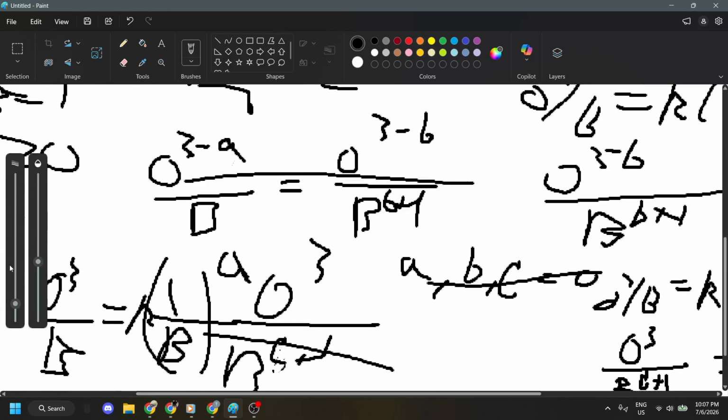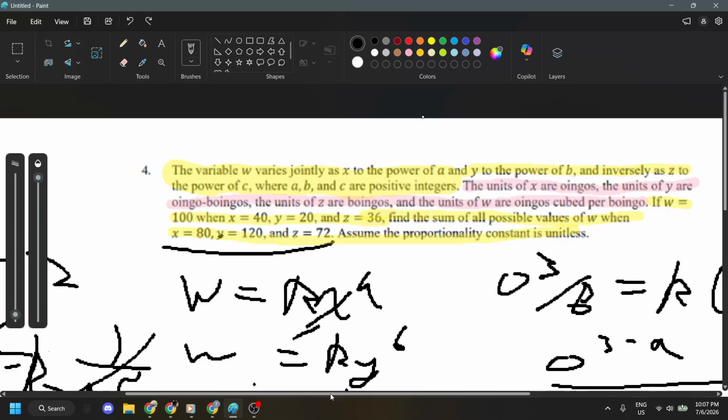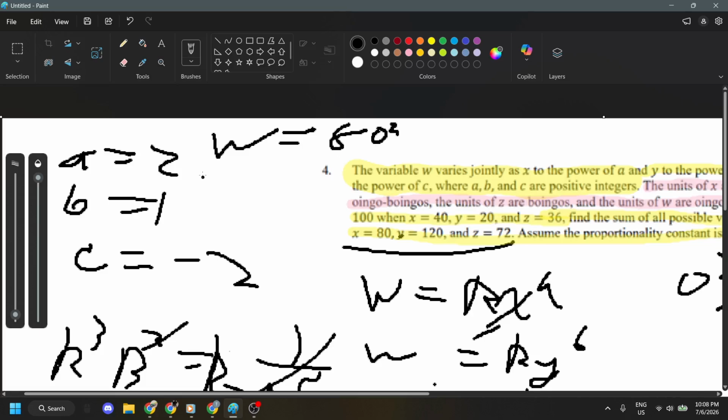So my guess to this question is gonna be, is this the right size? No. My guess to this question, as I said before, is going to be 120, but if you think about it, that doesn't even work anyways, because I'd be saying W is equal to 80 squared, W is equal to 120, then W is equal to 72 squared.